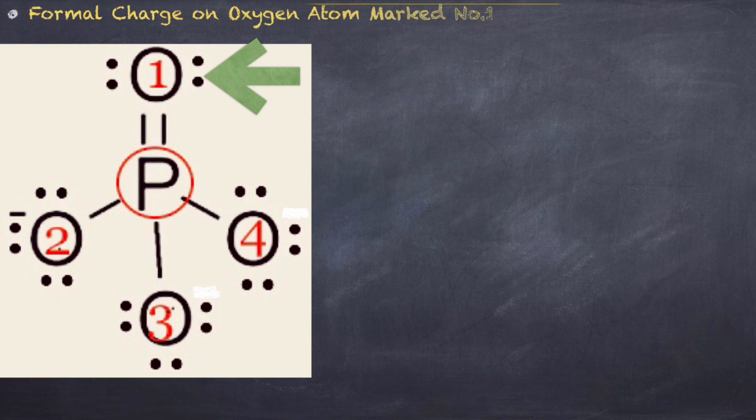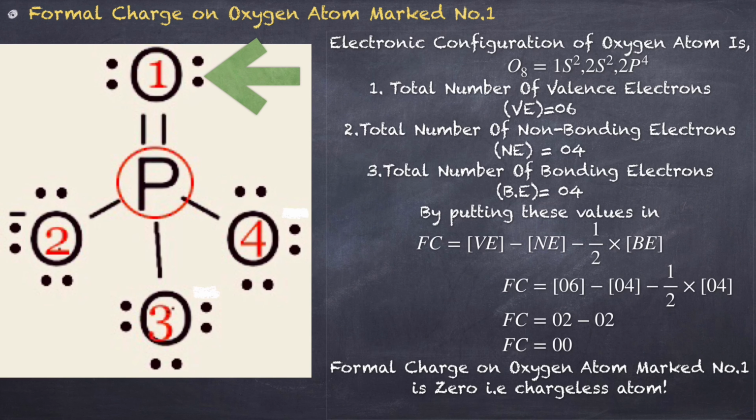Now let us calculate the formal charge on the oxygen atom, which is marked number 1. Here you can observe that the electronic configuration of oxygen atom is 1s2, 2s2, 2p4. So 2s and 2p contain the total number of valence electrons. Therefore, the total number of valence electrons for the oxygen atom, that is Ve, equals 6. The total number of non-bonding electrons, that is Ne, equals 4. The total number of bonding electrons, that is Be, equals 4.